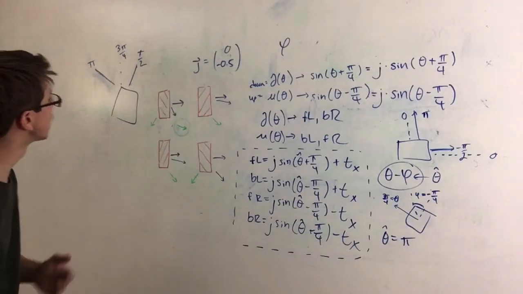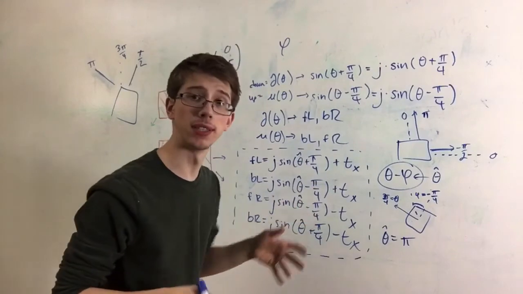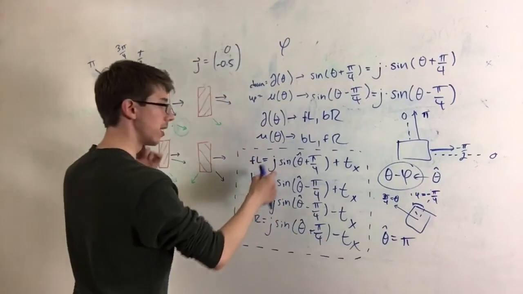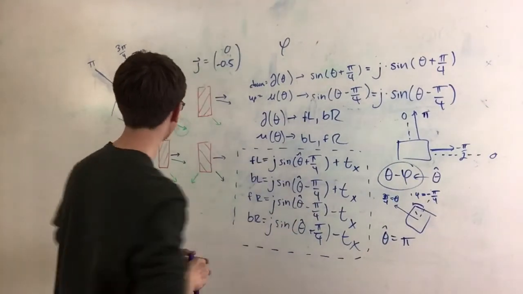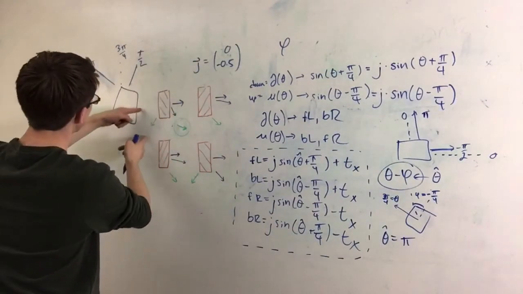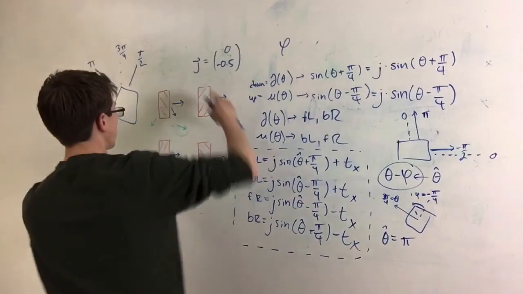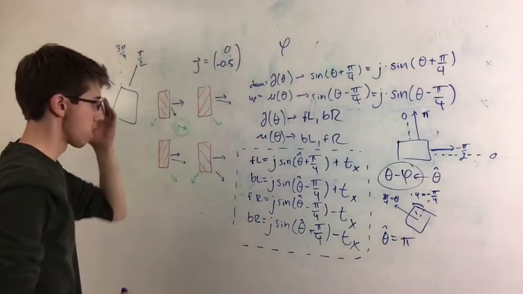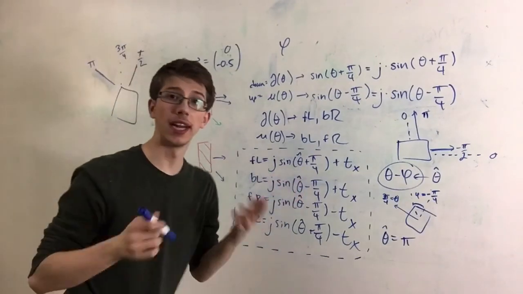So now, let's apply the power. We have j, we'll say is 1, and t, we'll say is 0. Right? So now we have the sine of theta hat, which is pi plus pi over 4, negative root 2 over 2. That means it's moving like this. We want it to move like this, right? This is going to give us negative root 2 over 2.